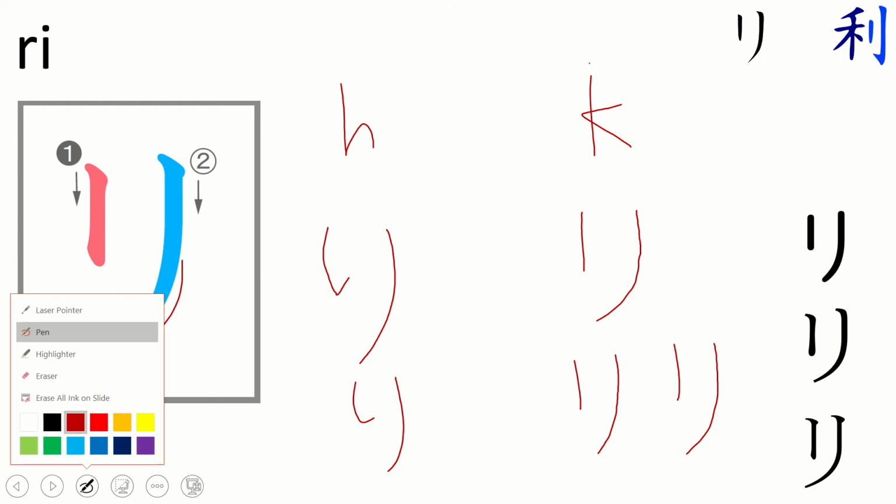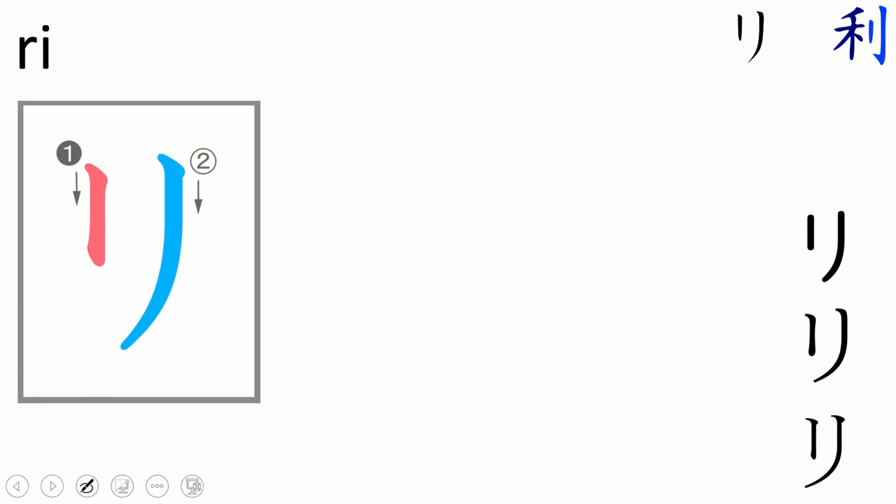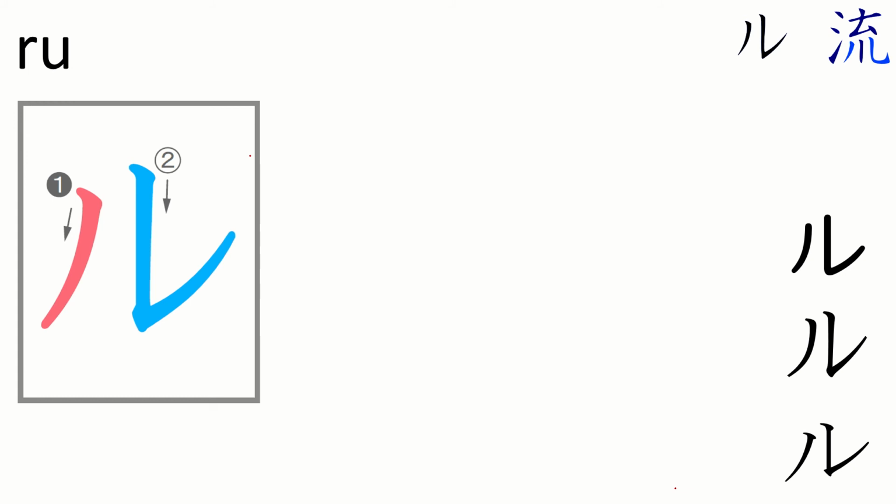This happens to be, by the way, why many computer fonts still write the hiragana ri as almost like one stroke, because they're exaggerating that difference in order to make it clear whether it's hiragana ri or katakana ri.